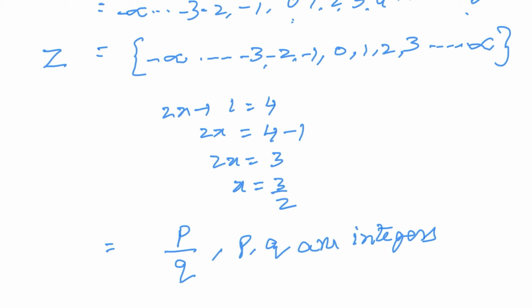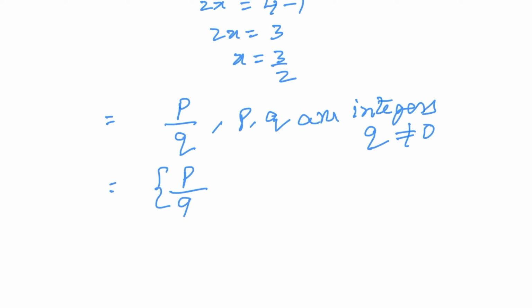If you want to keep this one in the set form, we will get to that later. Let us write it first in the set form. The set of all numbers in the form p by q, where p and q are integers and q is not equal to 0.